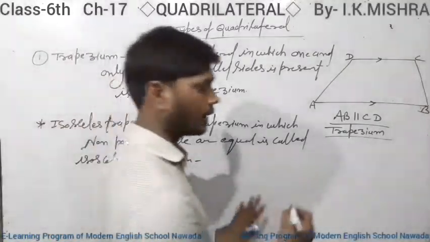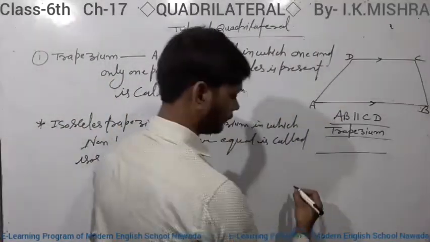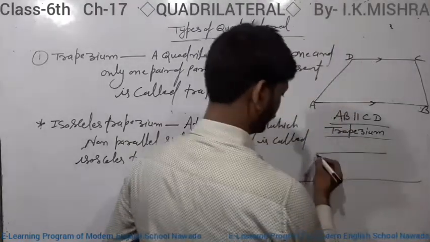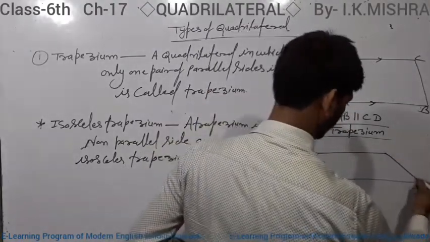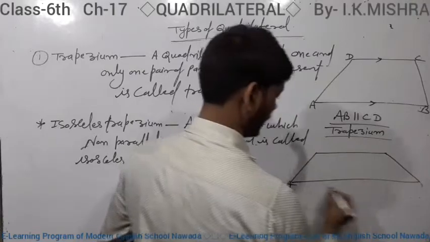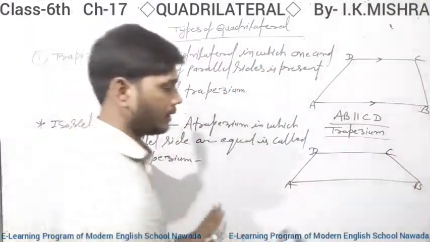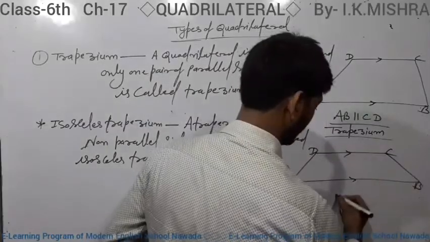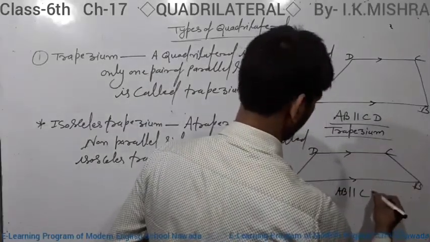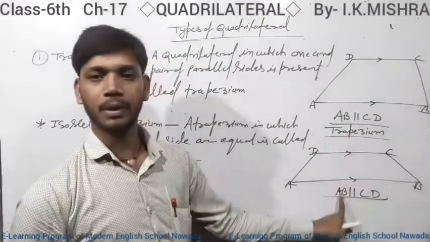That means, students, here I draw a figure. Observe A, B, C, D. Here AB is parallel to CD. Friends, AB and CD are parallel sides.